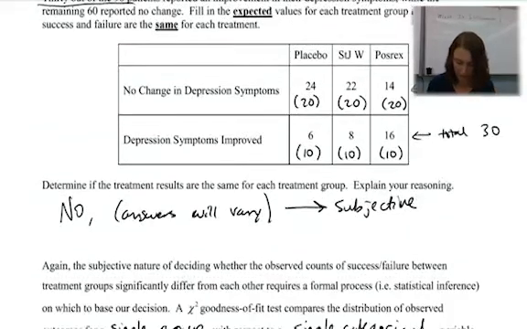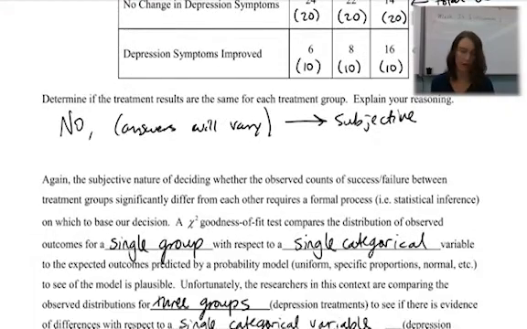So we need to have a formal process to test this, to see if it is different or not, without having to just hope that we were guessing right. So the subjective nature of deciding whether the observed counts of successes or failures between treatment groups significantly differ from each other requires a formal process, statistical inference, on which to base our decision.